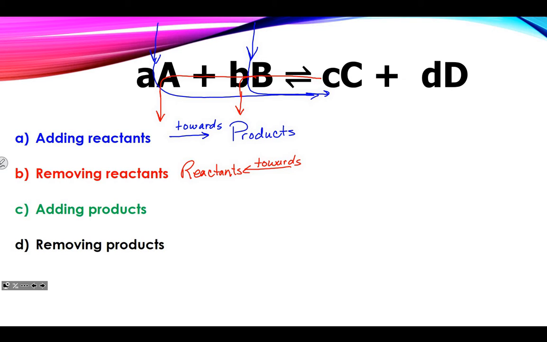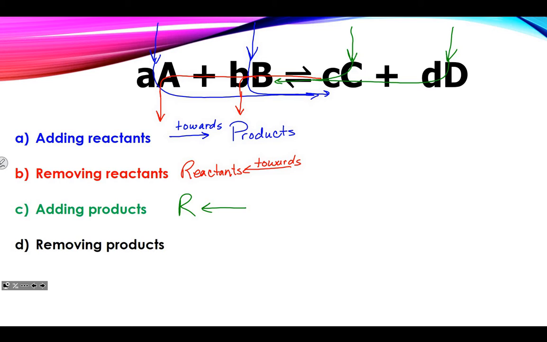On the next one, we're adding products. So I'm going to put in piles on my product. It's got to cross that arrow. So which way is it going to go? Towards the reactants. Good. So it's going to go this way to cross the arrow. I'm just going to go arrow to reactants.